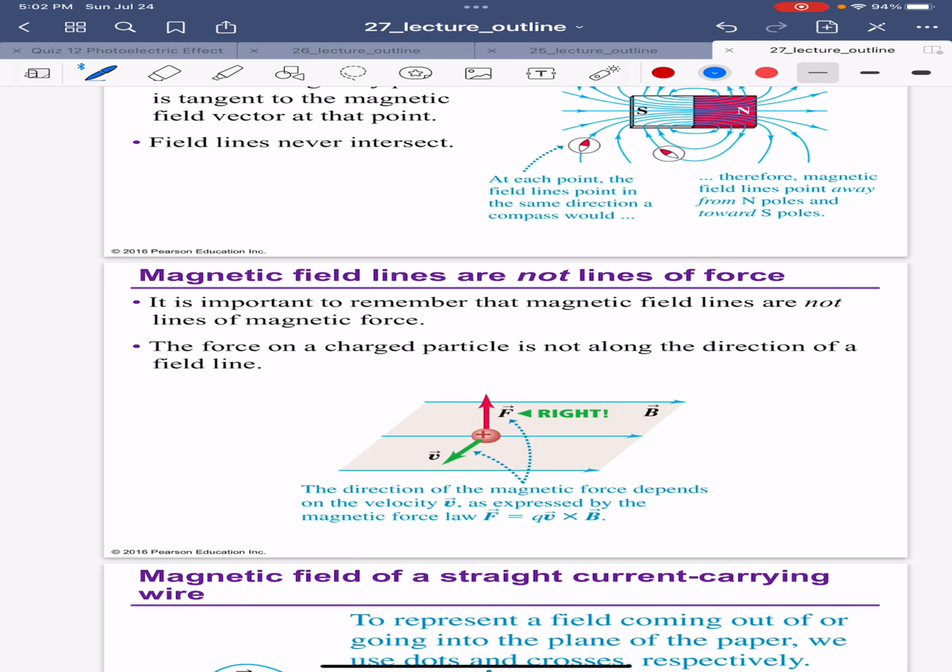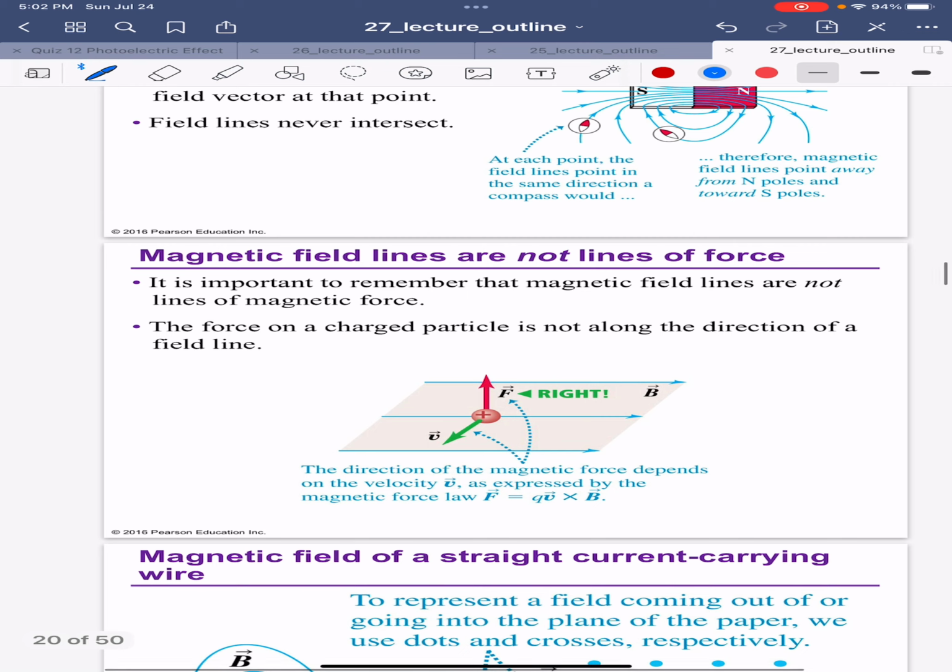Magnetic field lines are not lines of force. They are magnetic field lines, and the force on a charged particle is not along the direction of the field line.